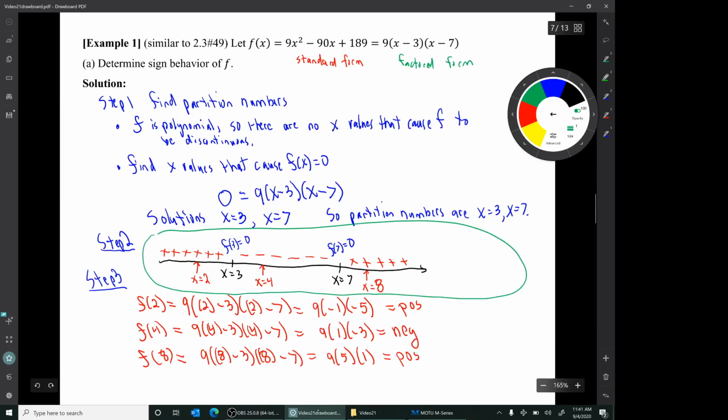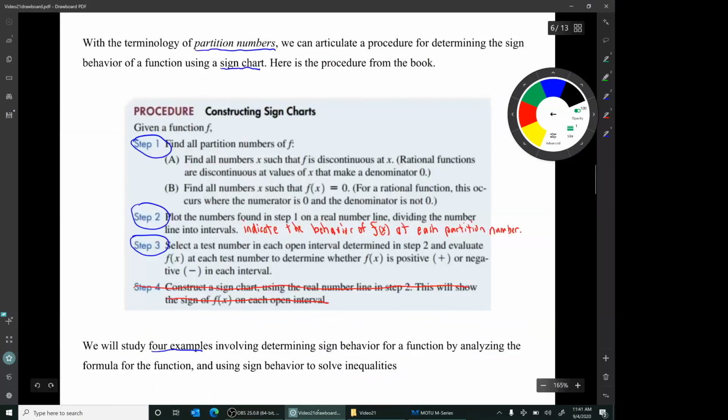Now there's one more thing that I would add to the instructions for the sign chart. Here I would say title the sign chart. So this may sound unnecessary, but you want to say that it's a sign chart for f of x and give the formula for the function.